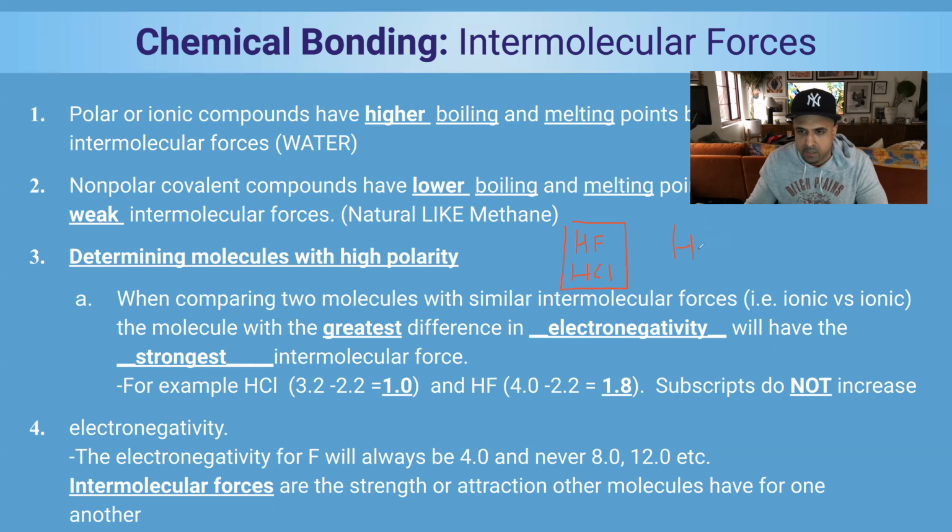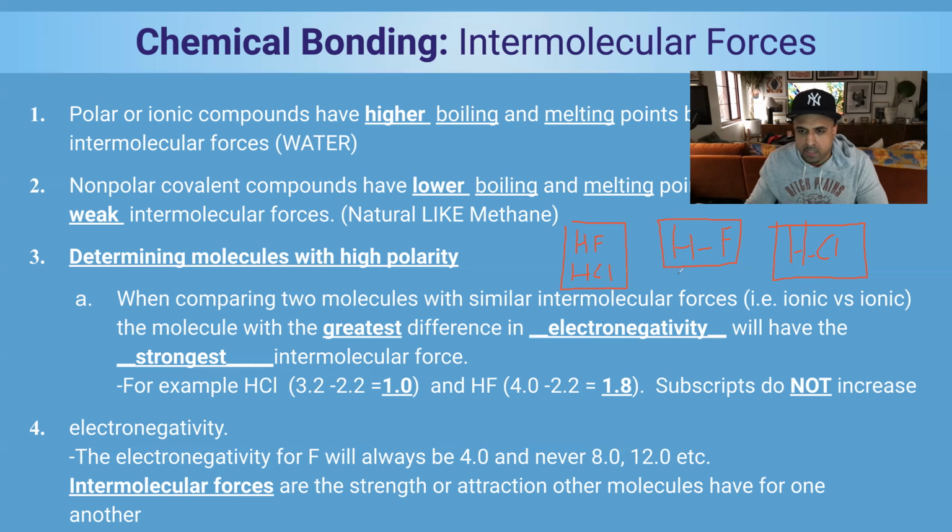I have H on this side and F on the other side of the bond. So it's a polar bond because it's two different elements, and it's a polar molecule because the whole thing is asymmetrical. And we have HCl here. Same thing, polar bond, polar molecule.